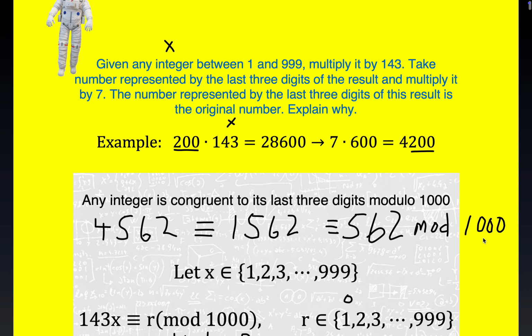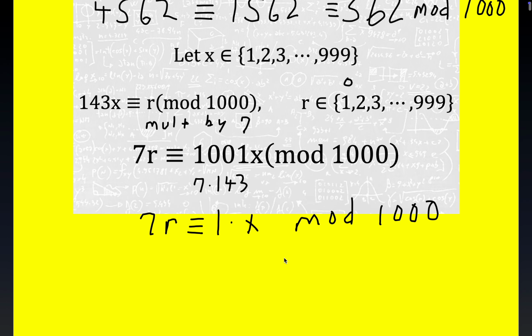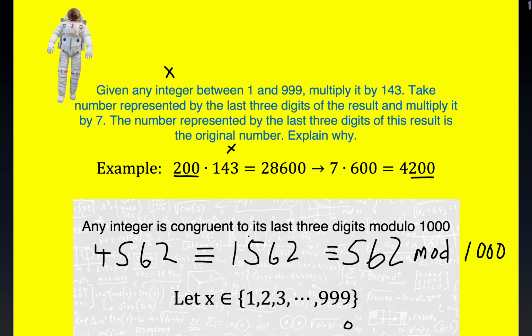Remember what I showed you right here: everything is congruent to its three-digit remainder if you divide by 1,000. And so that means 7r has the same last three digits as x, which is exactly what we're supposed to show.